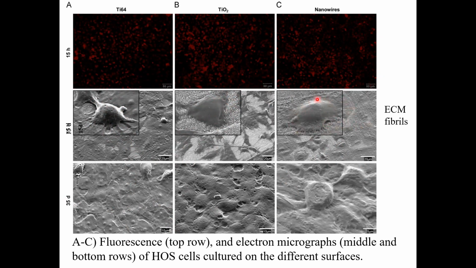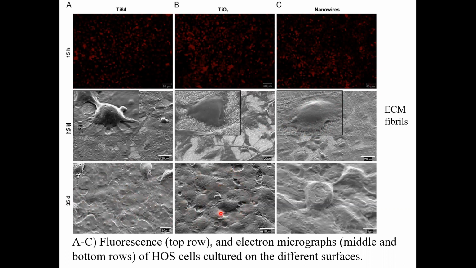And then on the nanofiber type sample, you can see that you see some extracellular matrix and fibrils being generated. If you look at the 35-day cultured sample, the control doesn't show much activity.